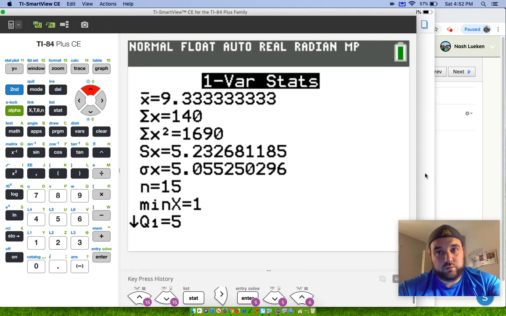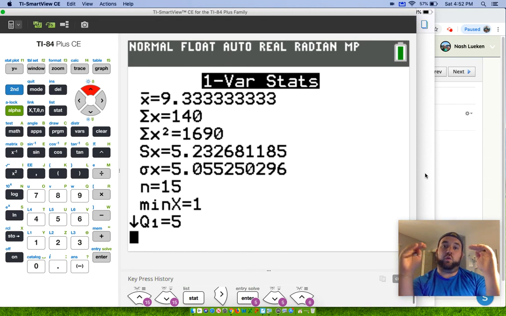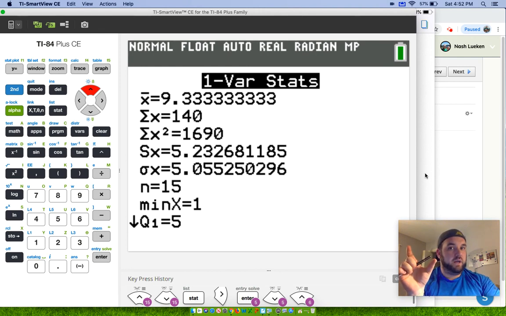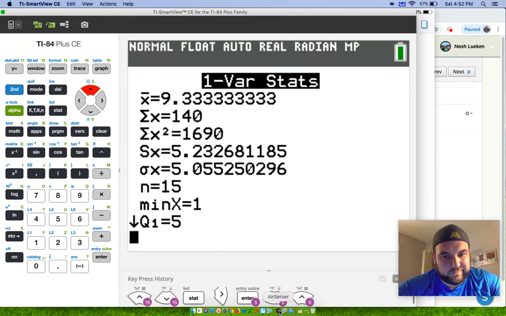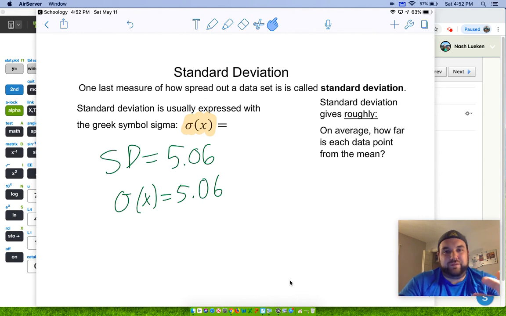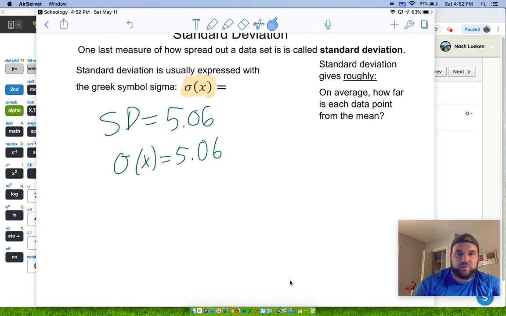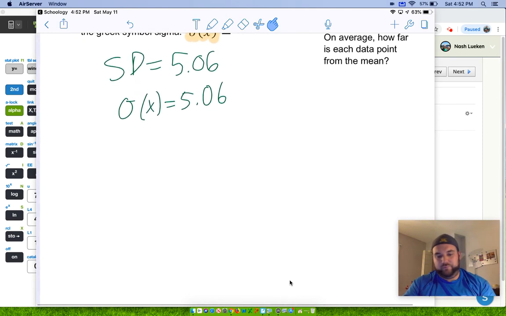In a nutshell, if you were to take every single number in that list and calculate how far away it is from 9.333, so the minimum being 1 is 8.3 away from the mean, and if I did that for each one and then took the average of that, that roughly gives the standard deviation of 5.06. Again, that's a rough description of it. Just take a stats class and you can learn a little bit more about it.